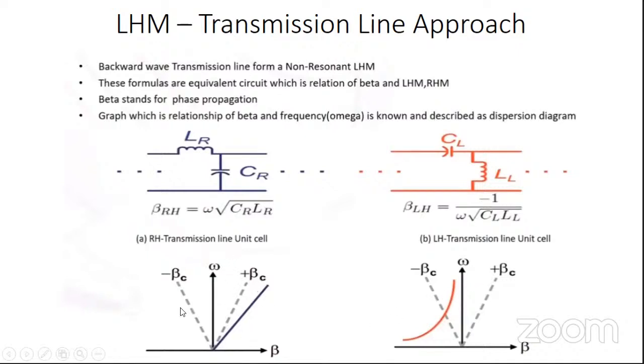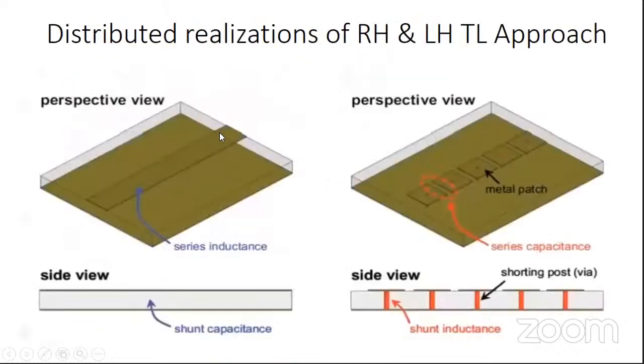That is the difference between right-handed, naturally occurring materials, and the metamaterials, which are left-handed materials. This is nothing but the transmission line approach, or we can say the non-resonant LHM approach. So how do we realize the right-handed and left-handed materials using the transmission line approach?